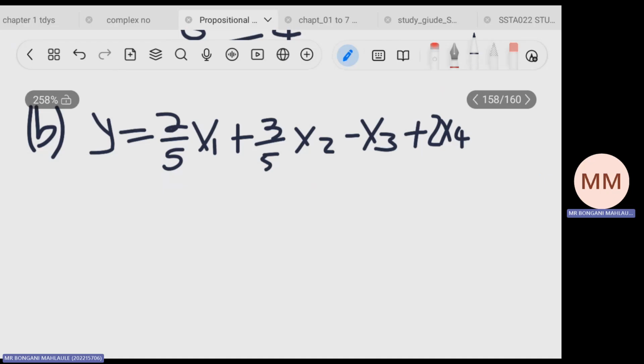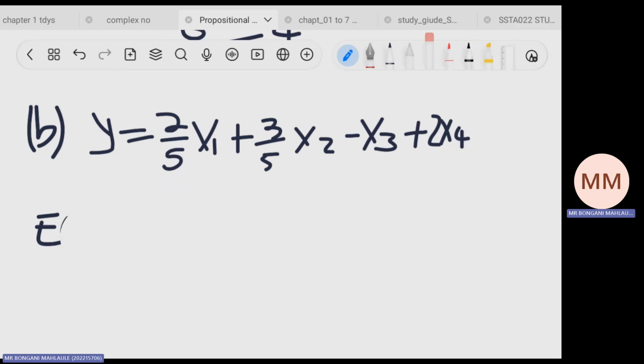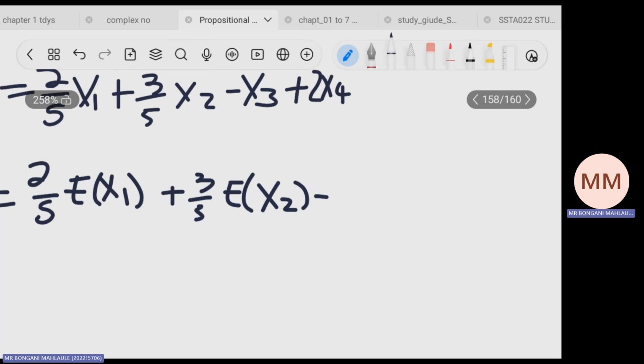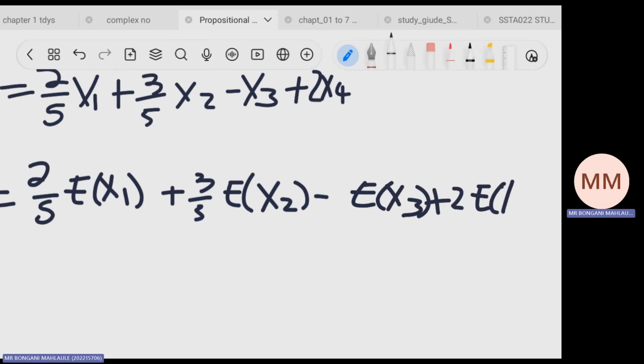So we'll start with the mean of y. So this will be the mean of y. So this will be equal to 2 over 5 the expected of x1 plus 3 over 5 expected of x2 minus the expected of x3 plus 2 times the expected of x4.